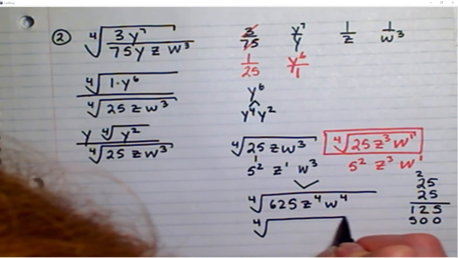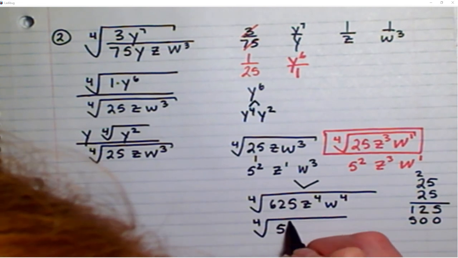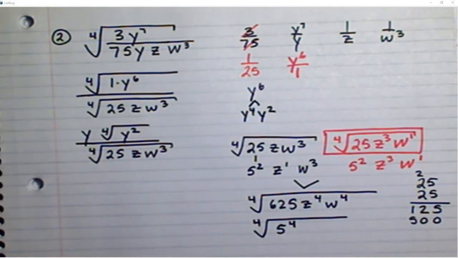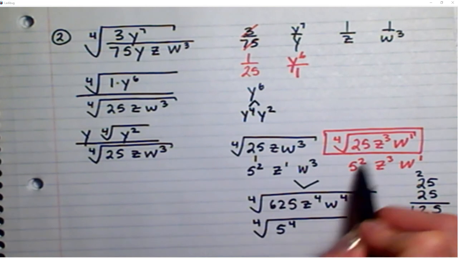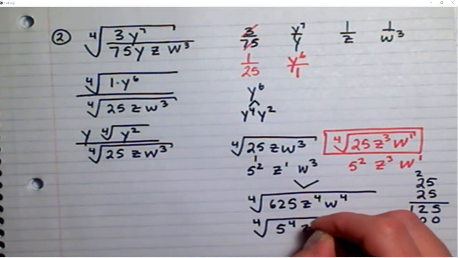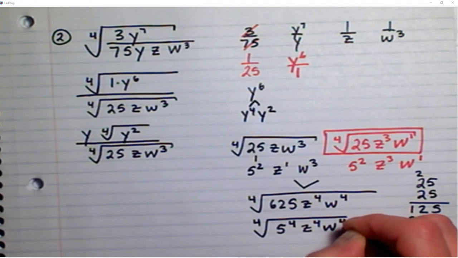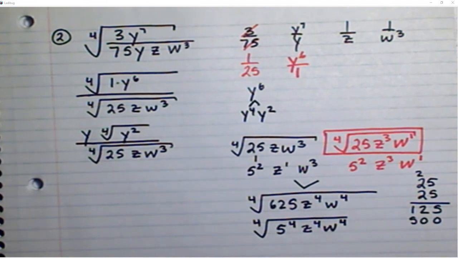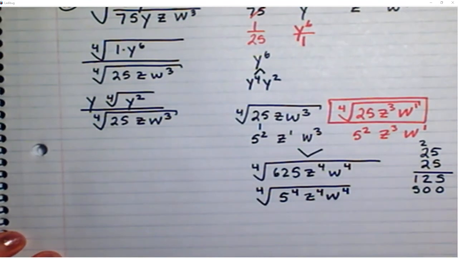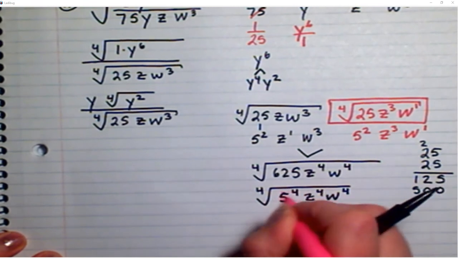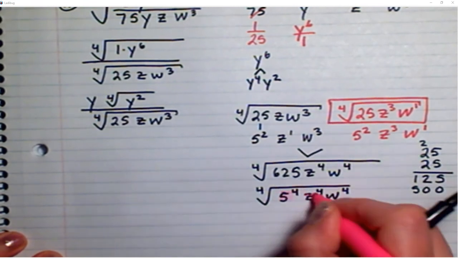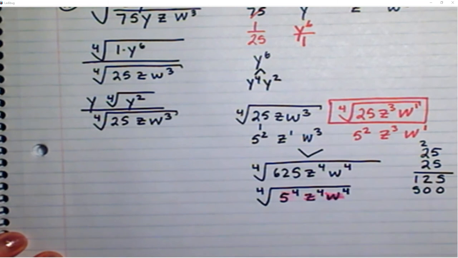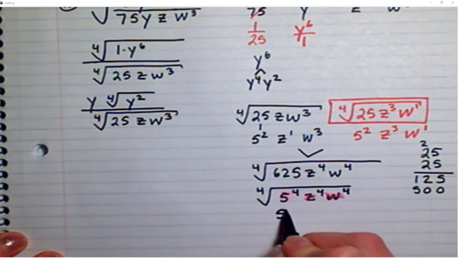But I'm actually going to try it like this: 5 to the 4th, because I know that this is 5 squared and 5 squared. Look at those exponents. Sometimes exponents are easier in terms of that multiplication that we're doing. All right, so all three of these things are perfect fourths. Okay, so that's going to come out as 5zw.